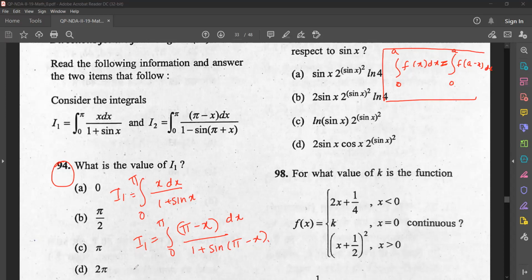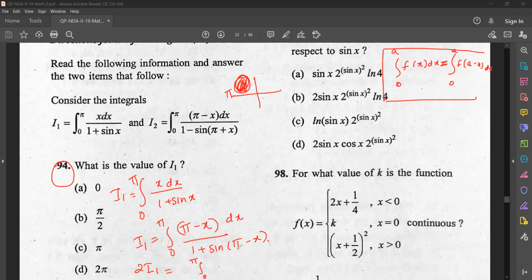Now add both sides. So 2I1 is equal to what you will get? 2I1 is equal to integral 0 to pi. Add these two. X and minus x will go. You only have pi over here. Then in the denominator, see, sine pi minus x is nothing but sine x, isn't it? Sine pi minus x, that means second quadrant.